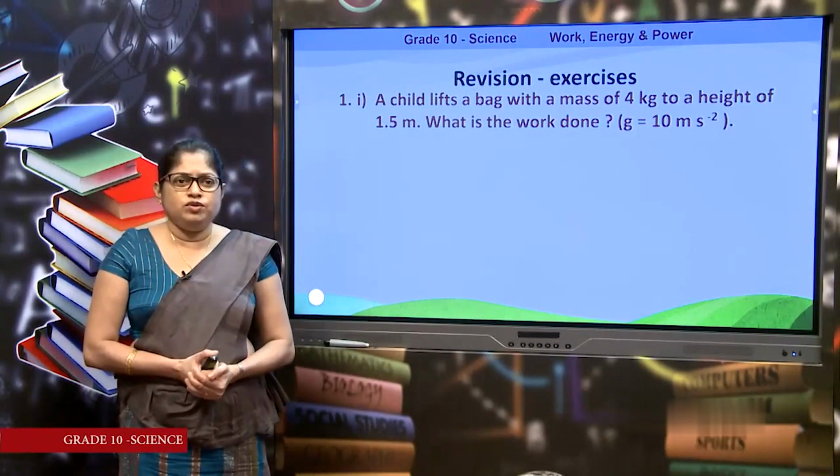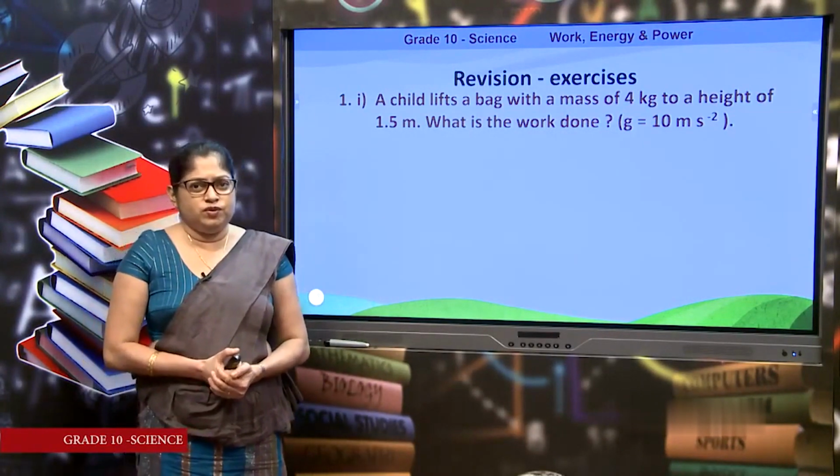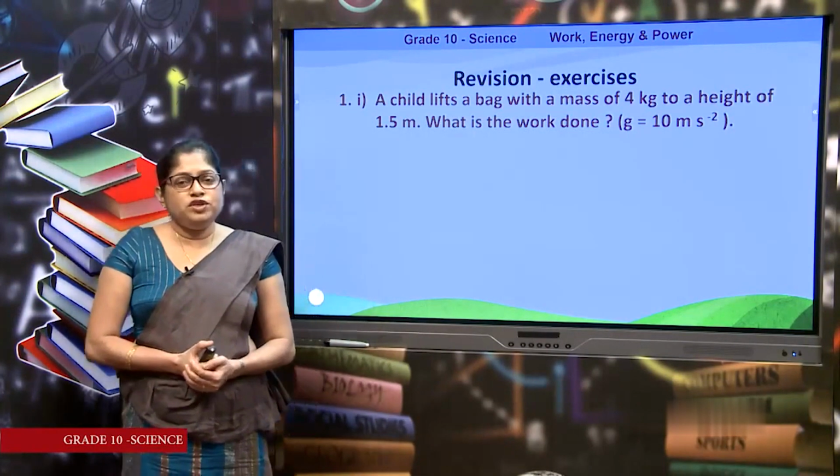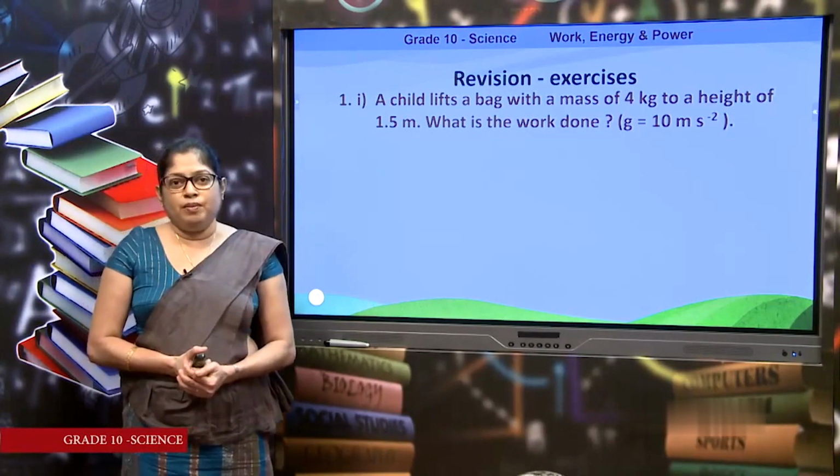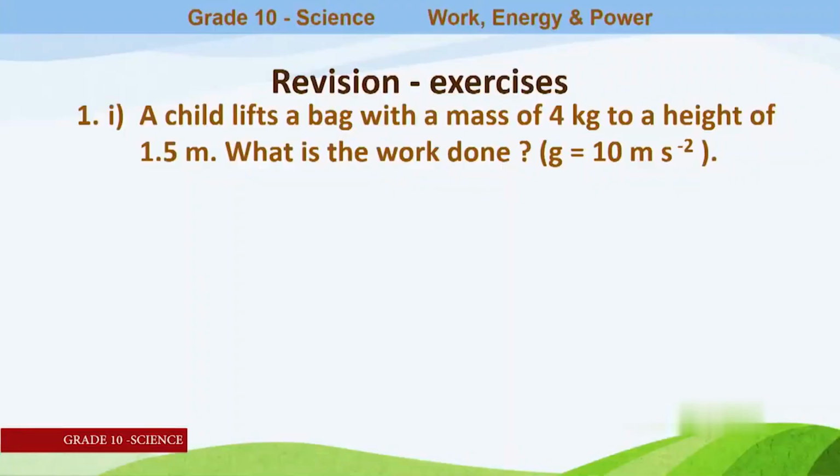Now I am going to do some revision exercises with you. Let's start. You also can try these revision exercises with me. First one, a child lifts a bag with a mass of 4 kg to a height of 1.5 meters. What is the work done?